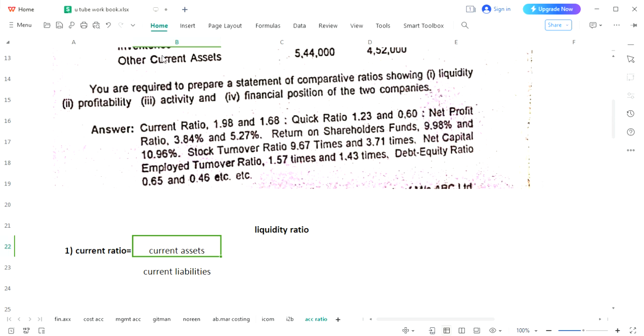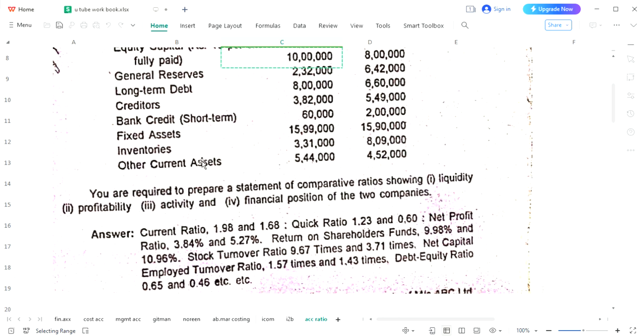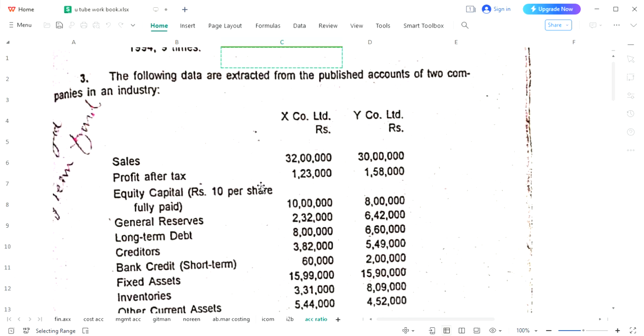So we are now open to calculate them. Let's get back to the question and see how many current assets are present. For that, look here in our question, this first part, sales and profit after tax. This is the profit and loss statement and all remaining items are concerned with the balance sheet. So we have a comprehensive idea that these two elements are part of the profit and loss statement and the remaining are assets and liabilities.